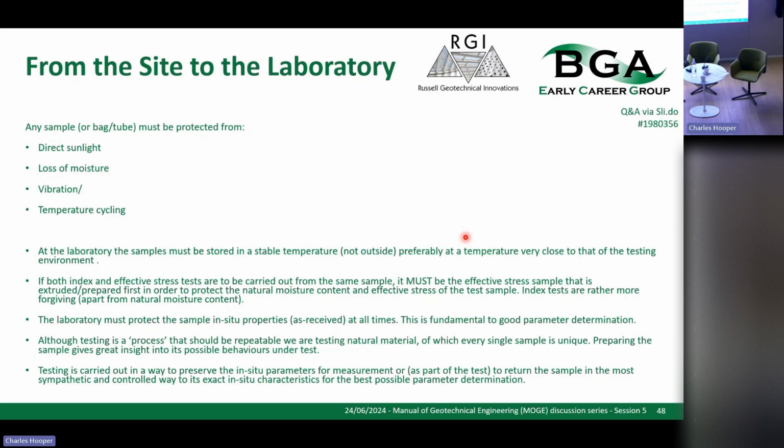It's the one that is totally dependent on moisture content, and also people tend to try and push samples out of tubes and take rather a lot out of the tube, so they don't leave you any choice of the sample that you're going to use for the effective stress test. So always take the highest level test first, and then everything else that can be used for index tests.